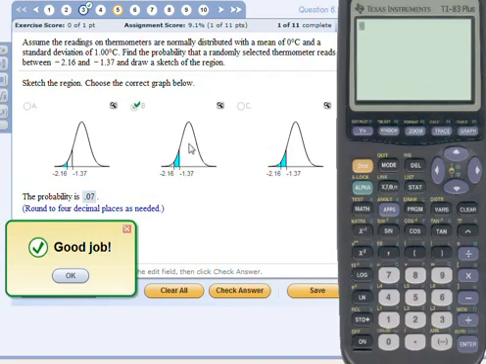Only B here shows the shaded region between negative 2.16 and negative 1.37. So B is it.